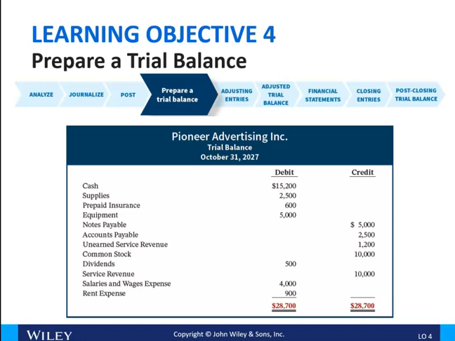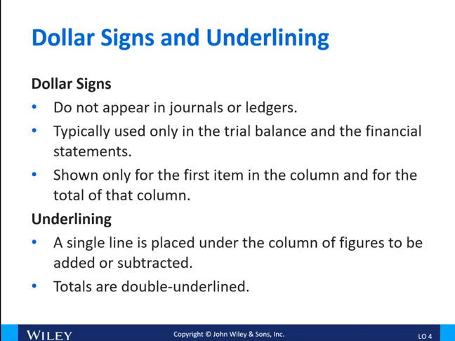And then we have the totals, the 28,700, with another dollar sign on both of those, and then we double underline to prove that that's the total that we have in the financial statement. So those are just how in accounting we represent the financial statements in different reports.